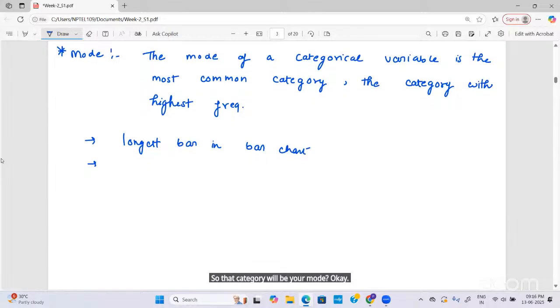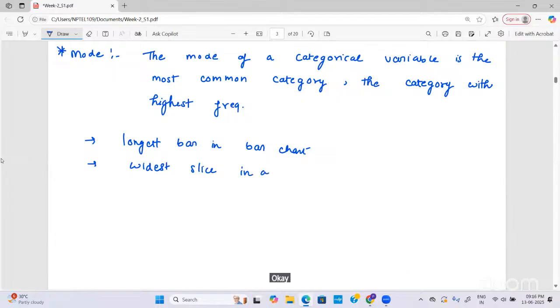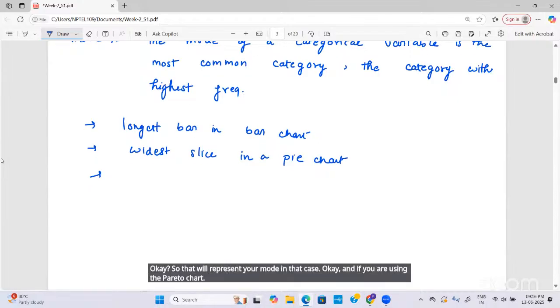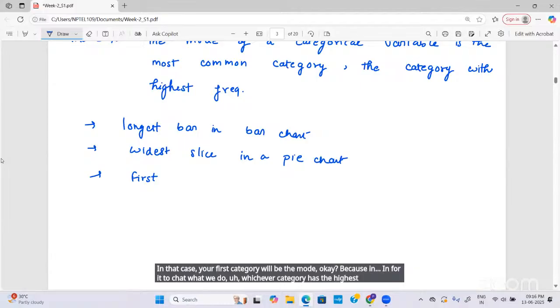And if you're using the pie chart, then the widest slice or piece, whatever you say, will represent your mode. And if you are using the Pareto chart, your first category will be the mode, because in a Pareto chart, whichever category has the highest frequency, we represent it at the first position.